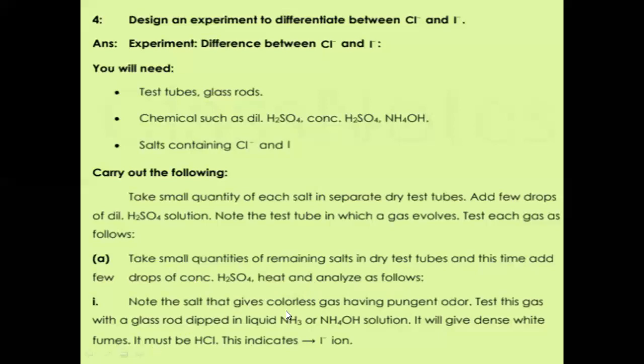Note the salt that gives a colorless gas having a pungent, irritating odor. Test this gas with a glass rod dipped in ammonia or ammonium hydroxide solution. If it gives white fumes, it must be hydrochloric acid, meaning it contains chloride ion as an acidic radical.